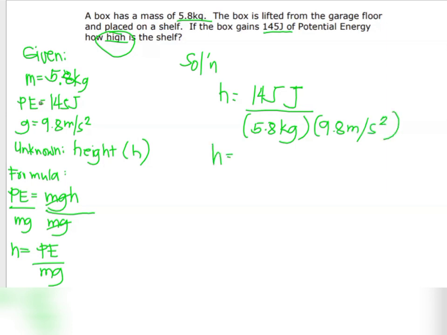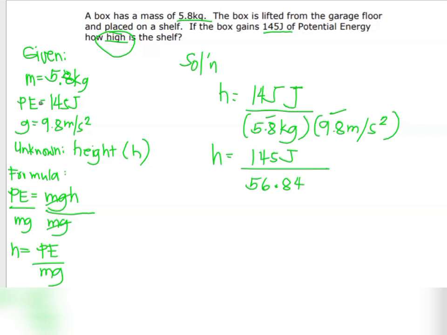Tapos, of course, you need the help of your friendly calculator. 145 joules divided by, ito, pag minultiply natin si 5.8 at saka si 9.8, ang makukuha nating sagot ay, let's see, 56.84.